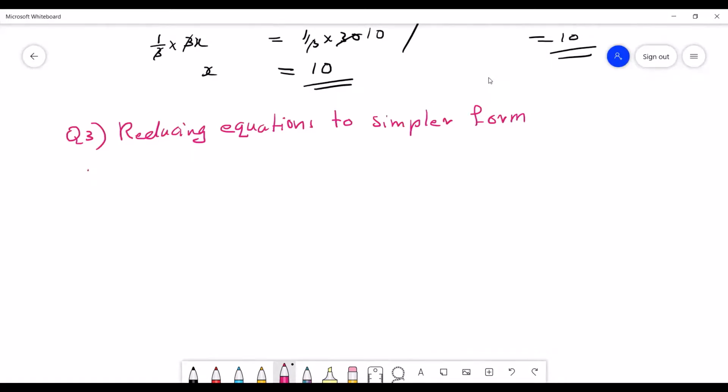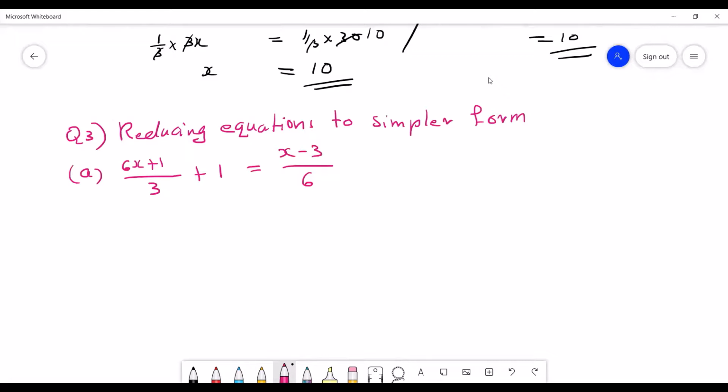So first we are considering A as 6x plus 1 divided by 3 plus 1 is equal to x minus 3 divided by 6. This is our first question.